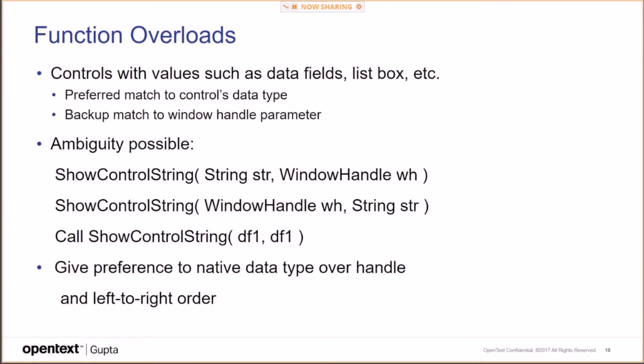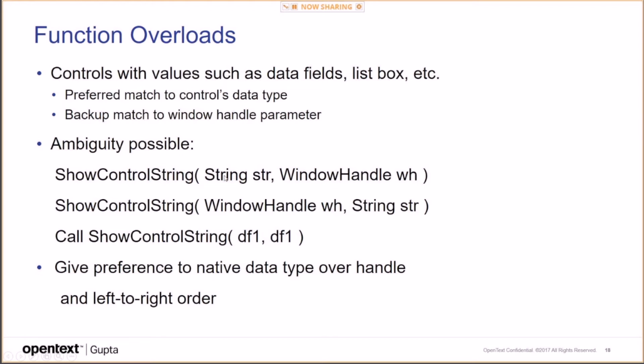Controls with values, such as data field, list box, prefer a match to the control data type, with a backup match to the window handle parameter. So the ambiguity: show control string, window handle, or window handle string, and then you do this here.